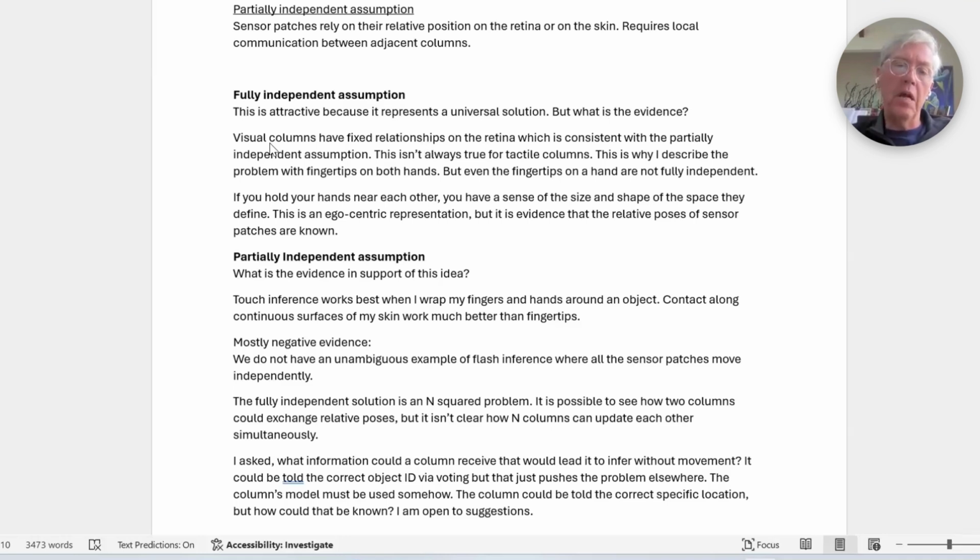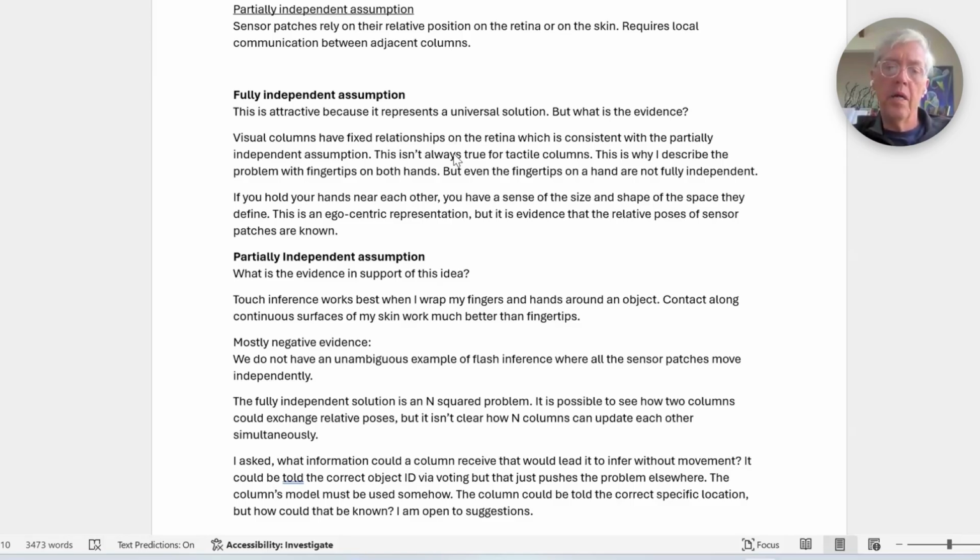I knew that other neuroscientists would point out that the columns aren't random. They're all arranged in topological order on the retina. They have fixed relationships on the retina, which is consistent with the partially independent assumption.